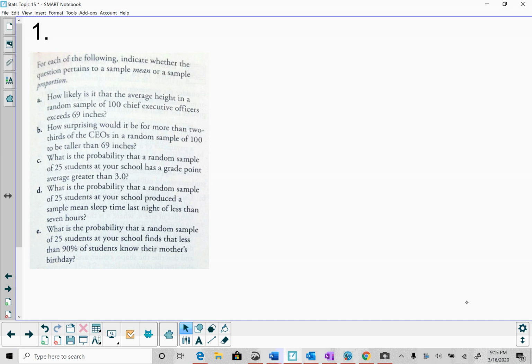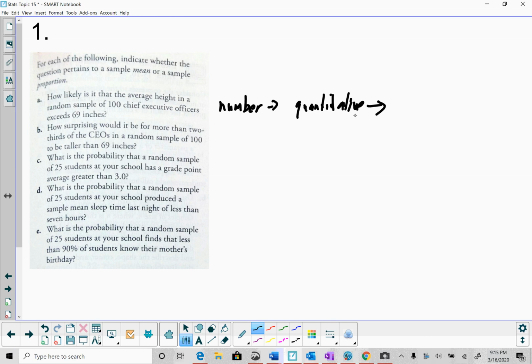You're going to ask, or maybe even measure, and find out how tall the person is. You're going to collect a number, which means that this is a quantitative variable, which means once you have all of that, you take all of those numbers and you would find a sample mean.